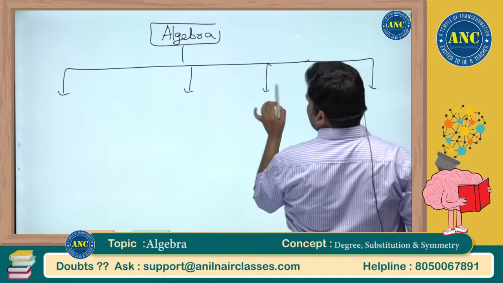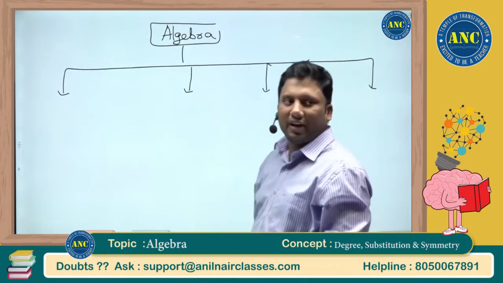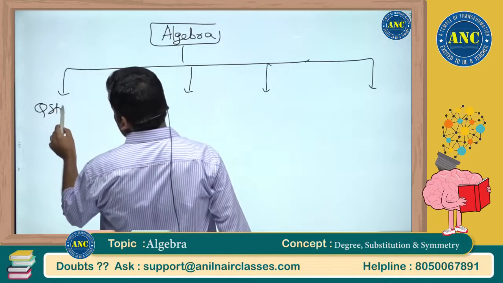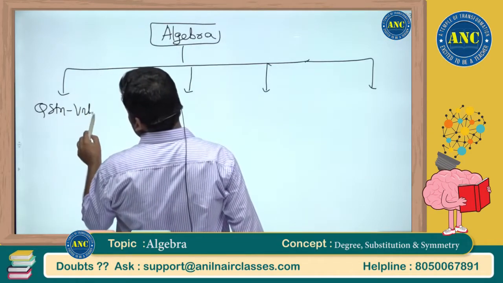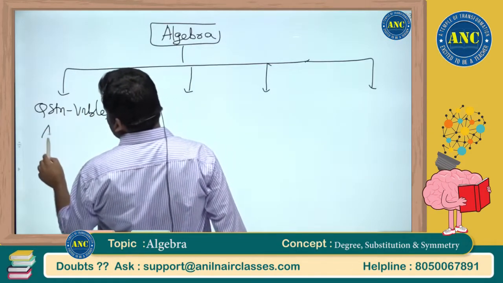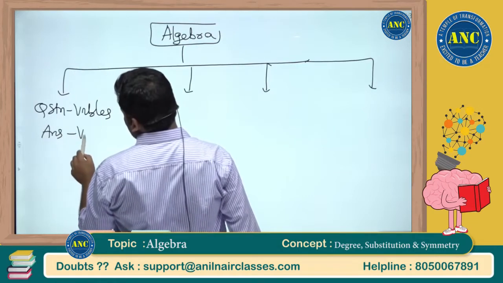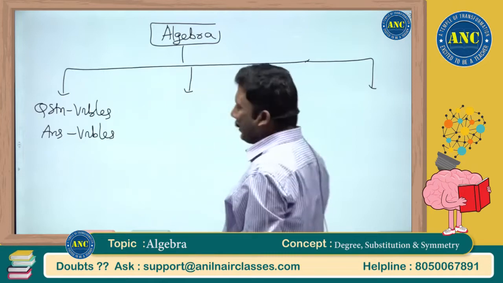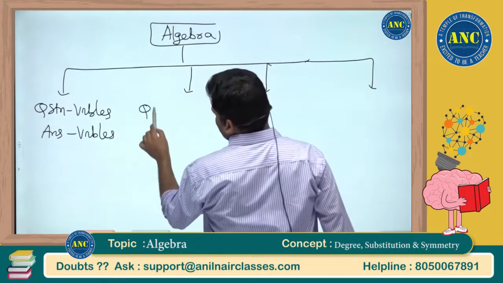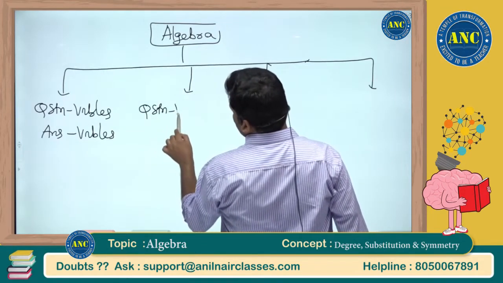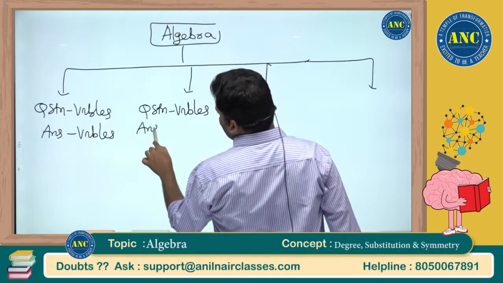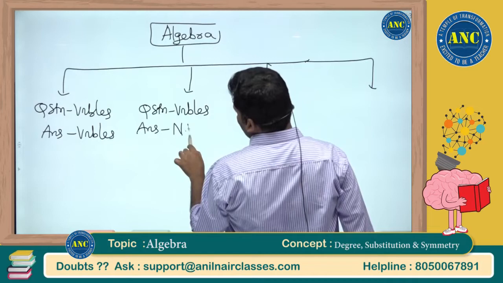First type: question contains variables, and the answer also contains variables. Second type: question contains variables, and the answer contains numerical values.